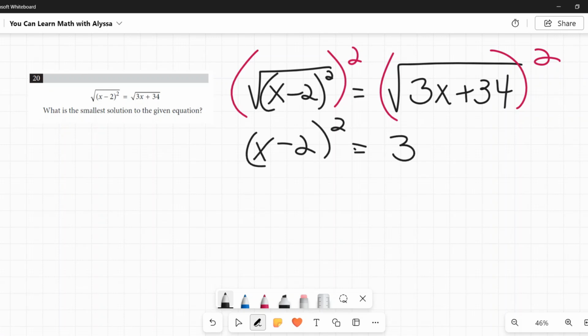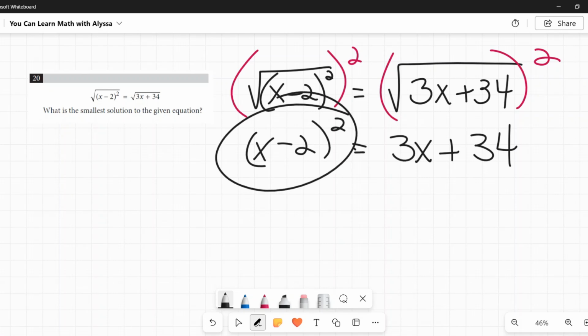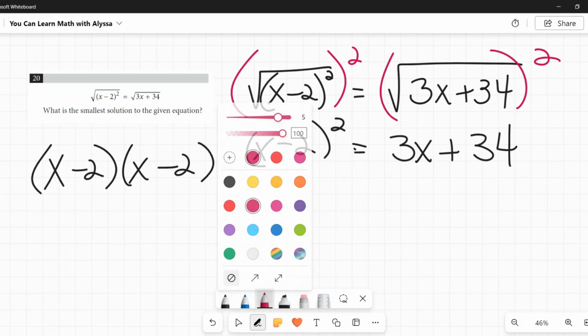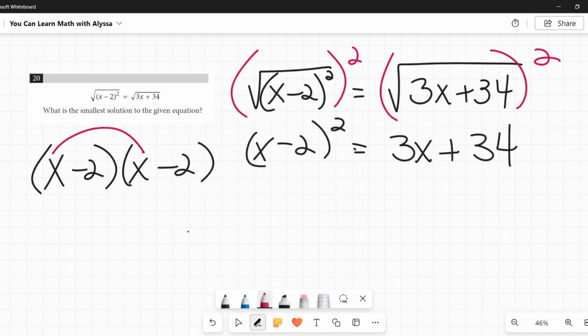And on the right, I have 3x plus 34. Now I want to expand this x minus 2 squared. And you can do that one of two ways. You can write it out, x minus 2, x minus 2, and then you can do FOIL. You multiply the first, outside, inside, last, and combine.